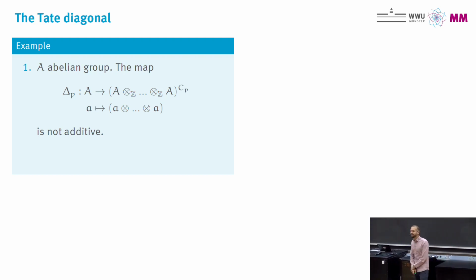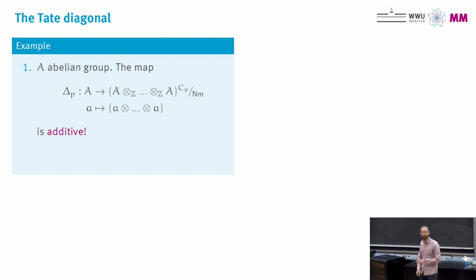But as before, we can just make it additive because you just observe that all these mixed terms are norms. So as a result, if I quotient by the norms, this is exactly what makes this map additive. It's a little bit of an exercise, but it's not really hard to see that this becomes a group homomorphism. So that's what I want to advocate as being the diagonal of an abelian group.